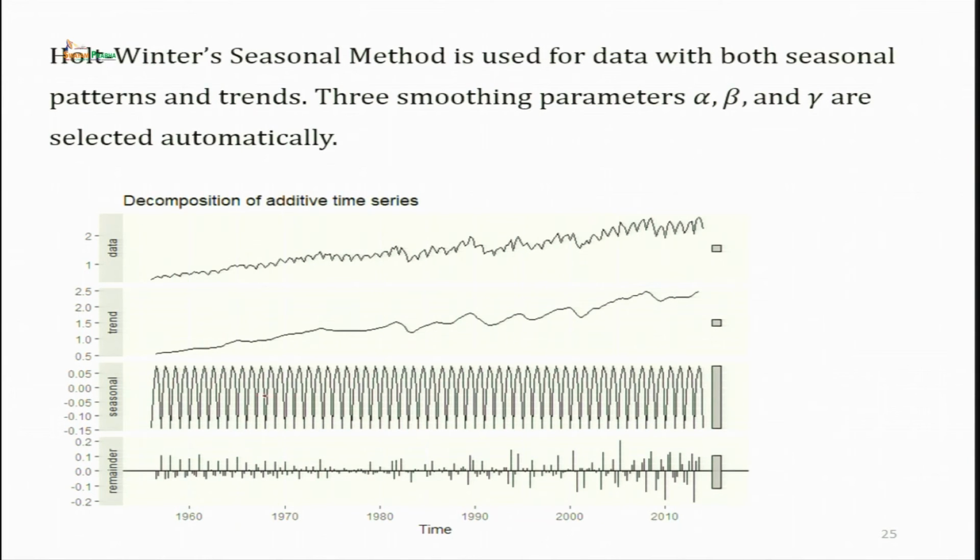Then you get the seasonal pattern also in the data, and this is of course the remainder term. So, from this graph you can easily check that the time series has seasonality. It is very clear. So, one should go for the Holt-Winters method for forecasting purpose.